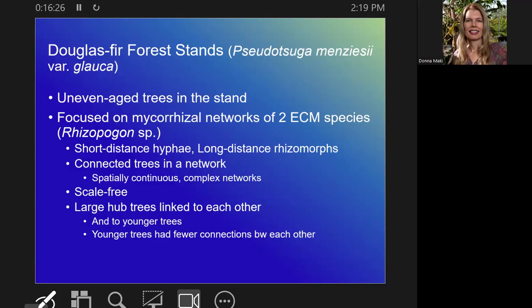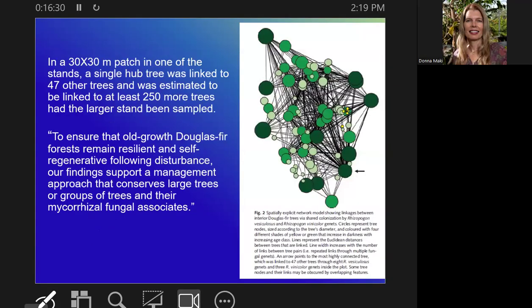And so when they were doing some of these early studies, going back to this picture again, the one with the arrow, that was like the mother tree. They referred to it that because it was the one with the strongest connections. That one was linked to 47 other trees and was estimated to be linked to at least 250 more trees if the larger stand had been sampled.